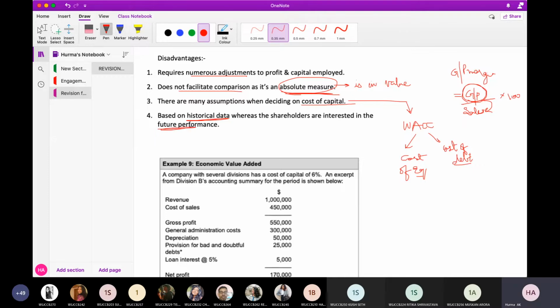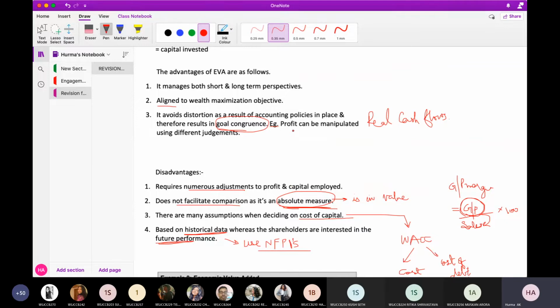Now, this drawback can be eliminated if you introduce non-financial performance indicators. That's why we are doing a project, and that's why we have that question in the project that I was talking about yesterday. Okay, so advantages and disadvantages. I hope that you guys are clear with it.